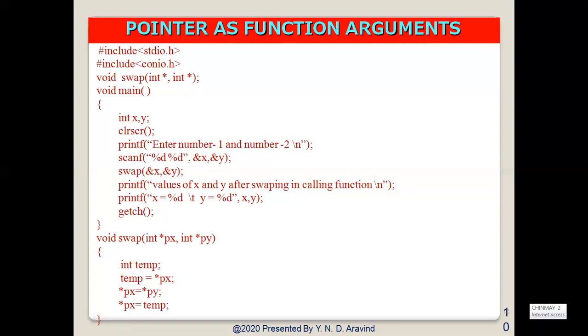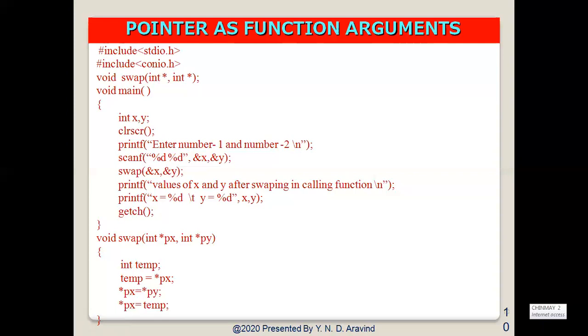Here, however, they are manipulated differently. In the main function, the parameters are accessed directly with their names, whereas in swap, they are accessed using the indirection operator. This asterisk we call the indirection operator. In swap, accessing the contents of the memory location pointed to by the variable px actually accesses the content of the variable x.